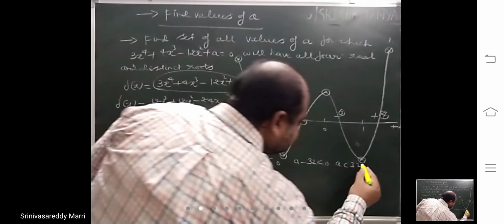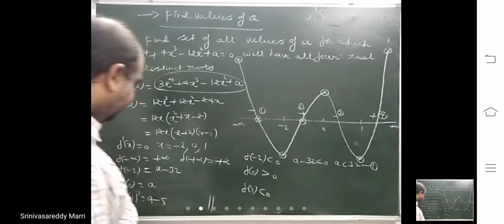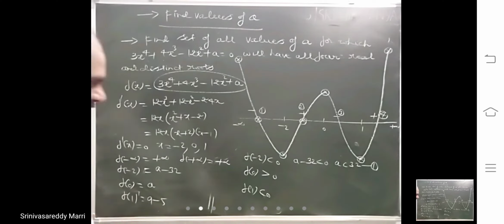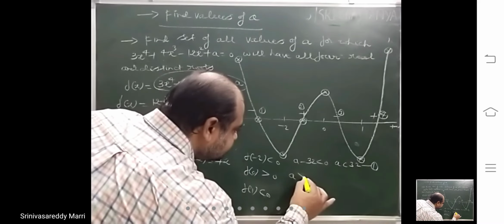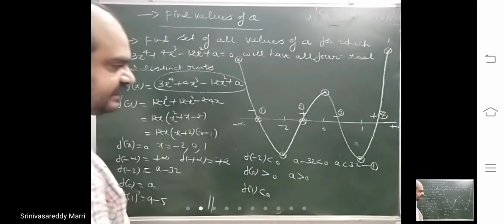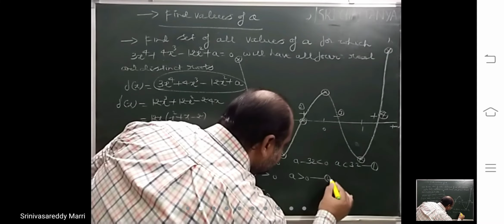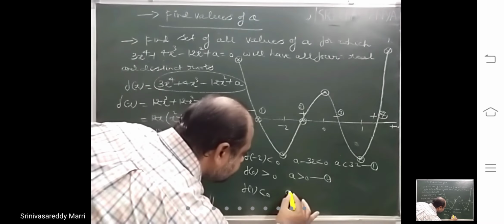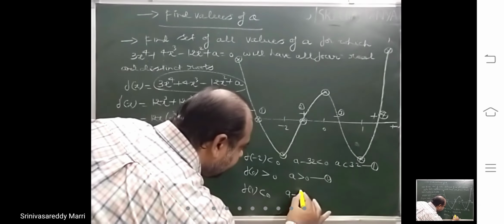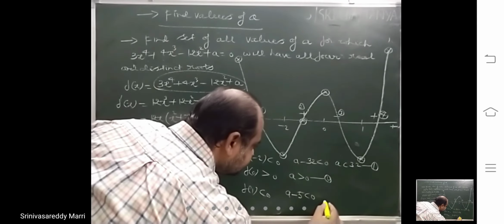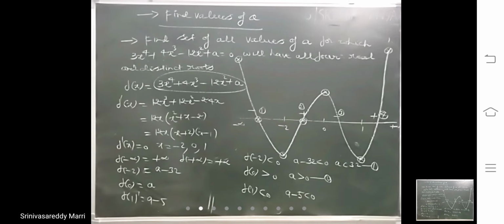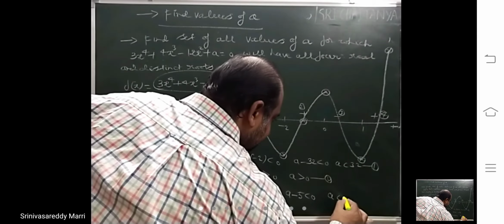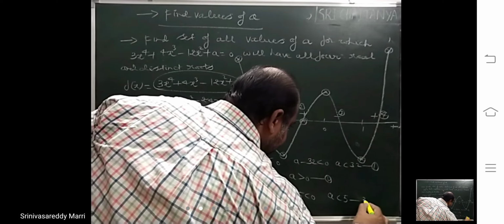Let us say this is the first one. f of 0 greater than 0 means A greater than 0. Second one. f of 1 less than 0 means A minus 5 less than 0, that means A less than 5. Third.